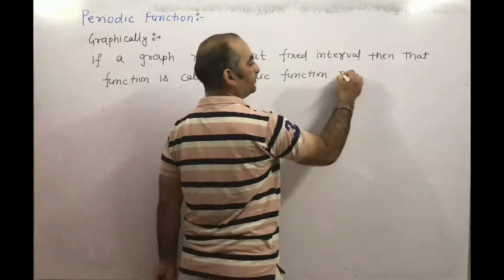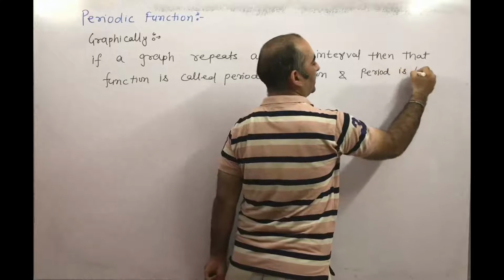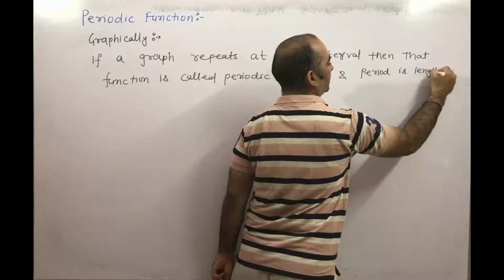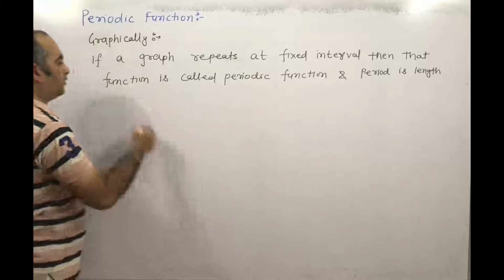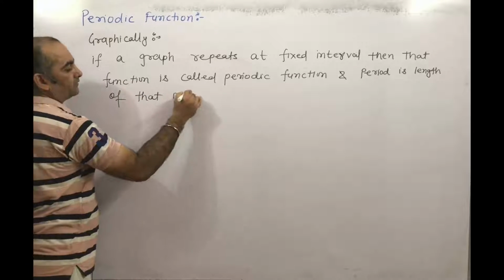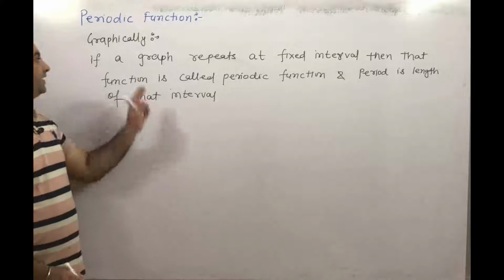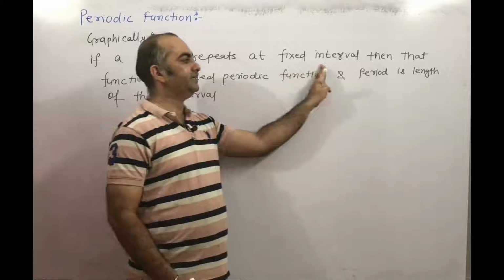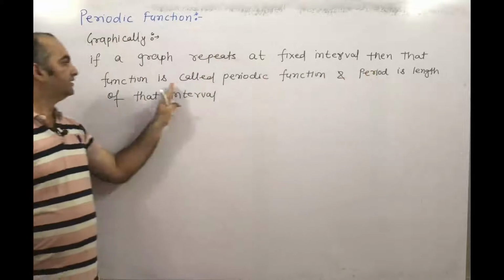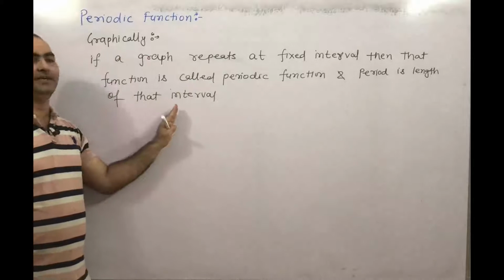And period is the length of that interval. Then what we can say, if a graph repeats at fixed interval, then that function is called periodic function, and period is the length of that interval.